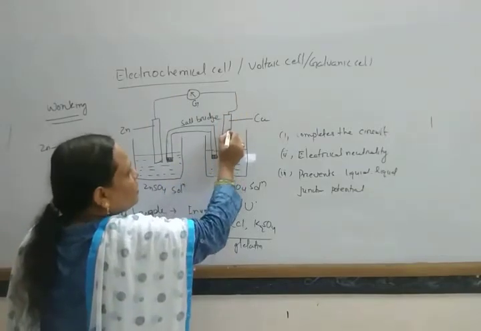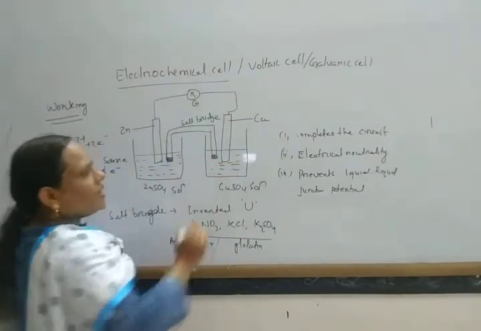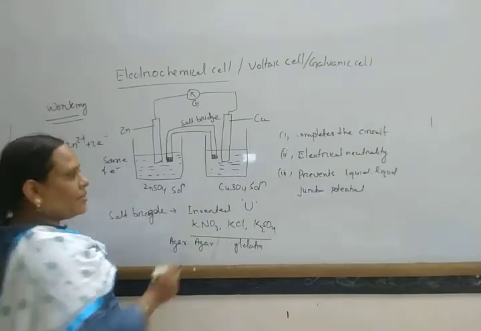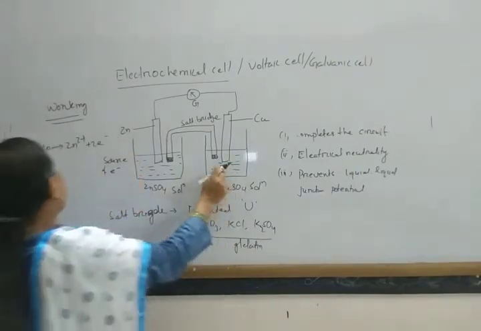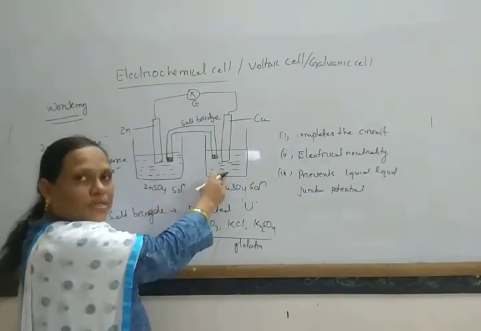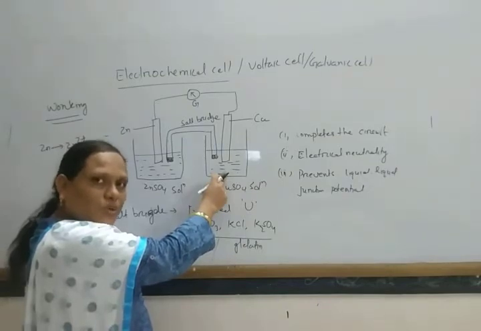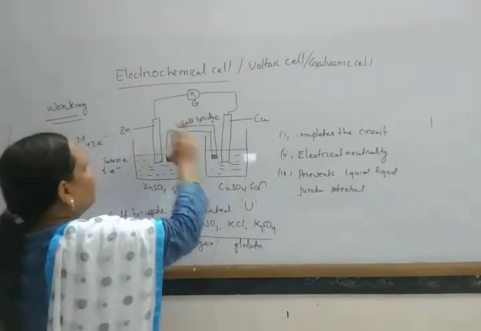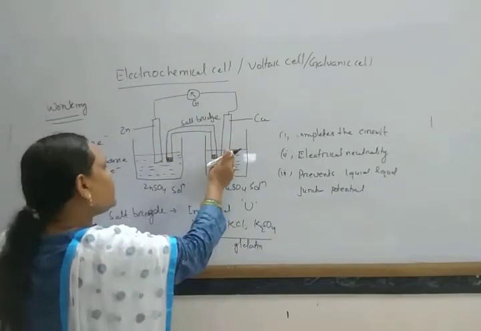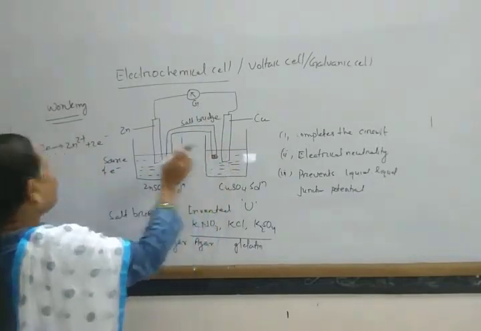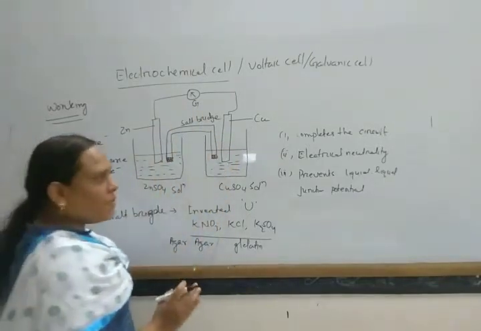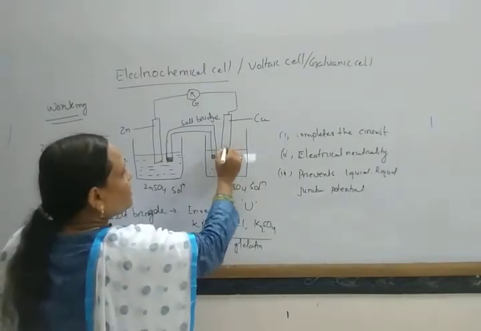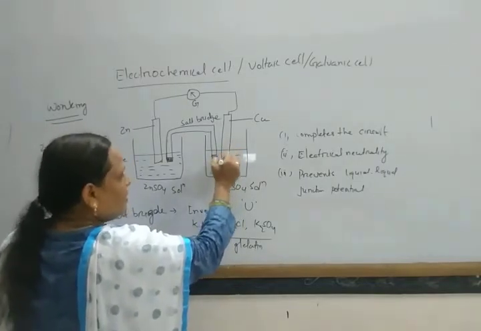These 2 electrons move through this conducting wire and go to the copper, where they are accepted by the copper sulfate solution. The copper in copper sulfate is in Cu2+ form. This Cu2+ receives the 2 electrons and is converted to metallic copper, which is deposited around this electrode.